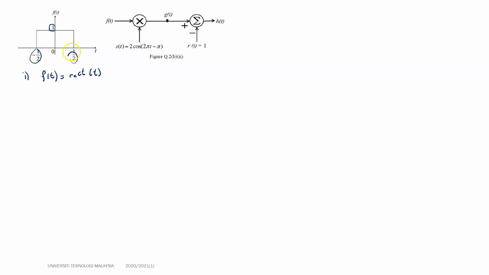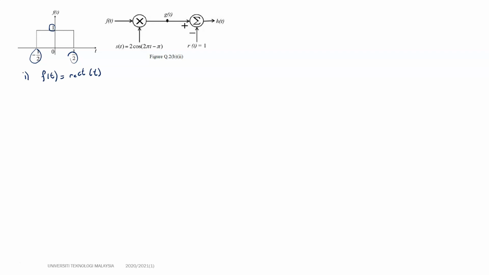It has 1 as the width of the rectangle. So the width of the rectangle is 1 and it is symmetrical about the y-axis, and it has 1 as the magnitude and also 1 as the area. So this is a standard form of rectangle. So the function here is this rect(t).